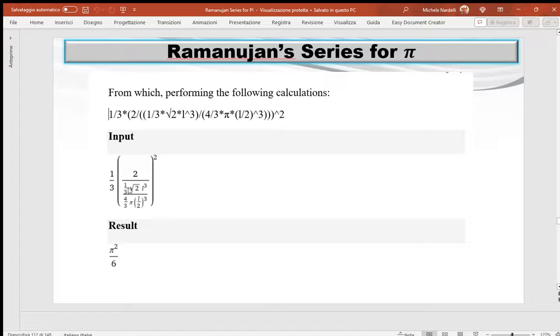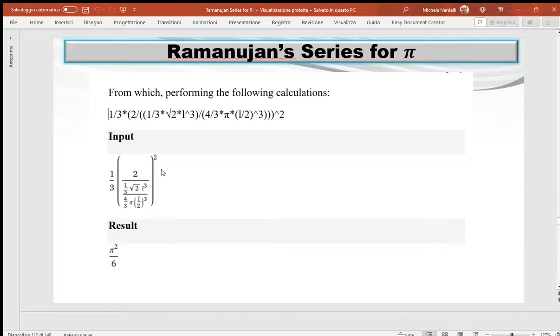From the previous expression, practically the ratio between the two volumes, the octahedron and the sphere, we have the following expression, from which we obtain pi squared over 6, practically the value of zeta 2, by the following calculation: 2 over the ratio between the two volumes.